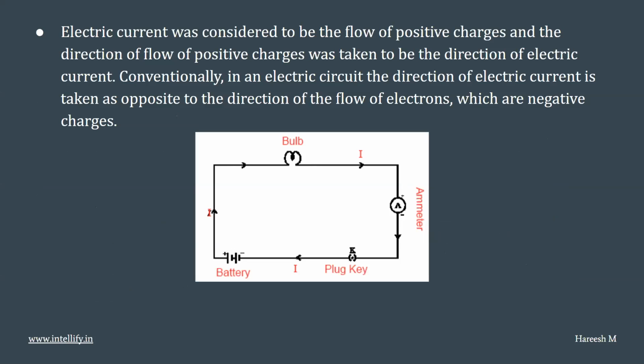But now we all know the electron exists, and that due to the movement of the valence electron, there's a current. That is why conventionally in an electric circuit, the direction of electric current is taken as opposite to the direction of flow of electrons. So if the current is flowing in clockwise direction, then the electrons are moving in anti-clockwise direction.